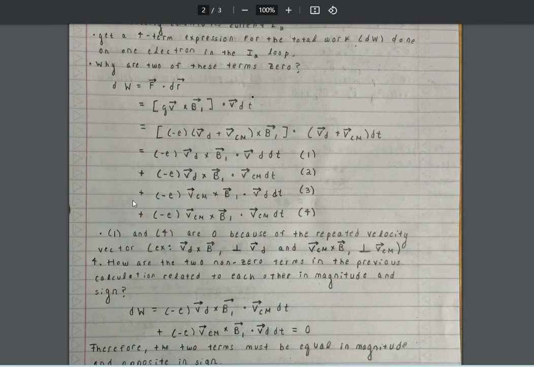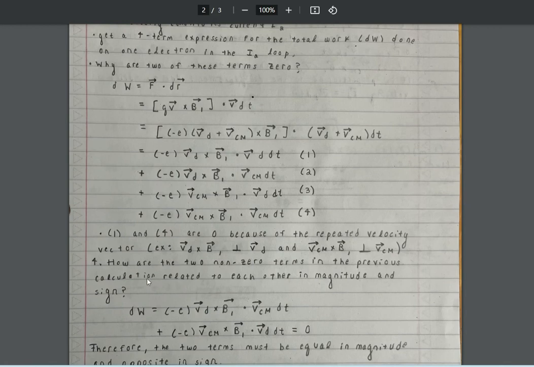And then finally, for our last terms, we are using the center of mass velocity and the drift velocity, and in contrast, the fourth term uses the center of mass velocity for both parts of the equation.